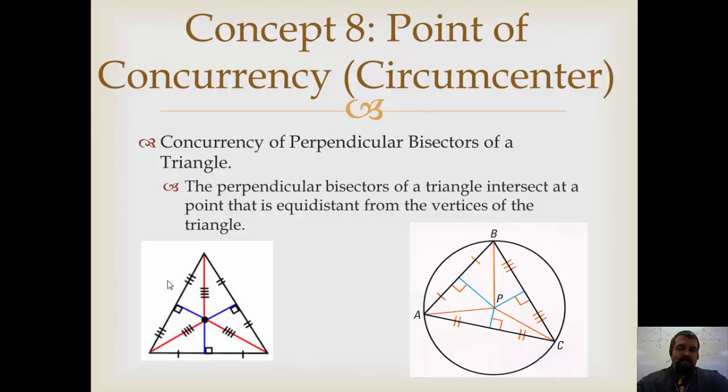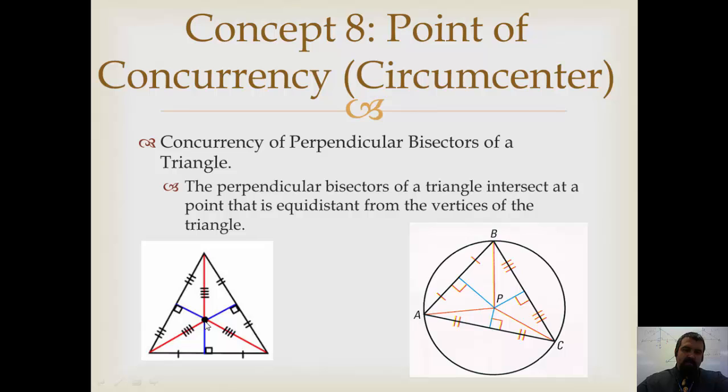Oh, so what that's saying is, if I look at this triangle over here, these blue lines, they're all perpendicular bisectors. They're all labeled as perpendicular, and they're all marked as bisectors. So therefore, each of these blue lines is a perpendicular bisector. If I think back to the last theorem, a point on this blue line will always be equidistant from its endpoints.